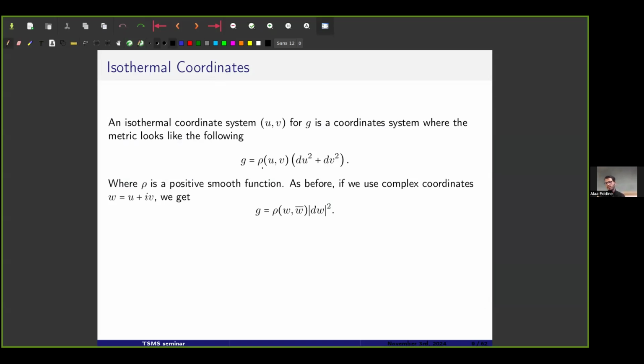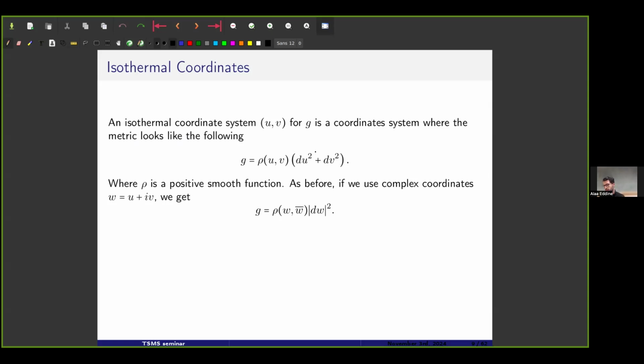Having isothermal coordinates is the way that we are going to obtain a complex structure, since if you have isothermal coordinates, the transition maps will preserve the metric. So they will preserve this form of the metric. They will preserve angles, because this is just the Euclidean metric up to some factor.